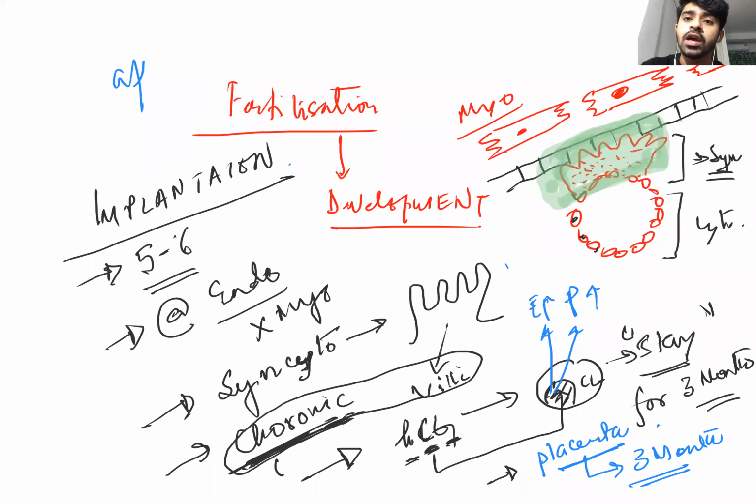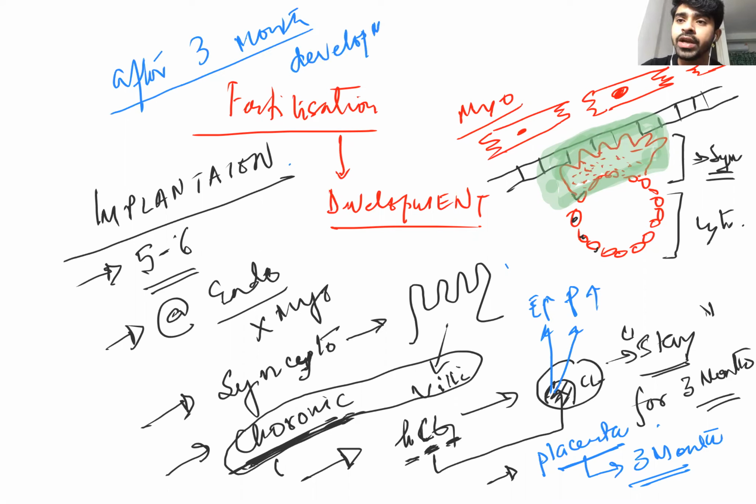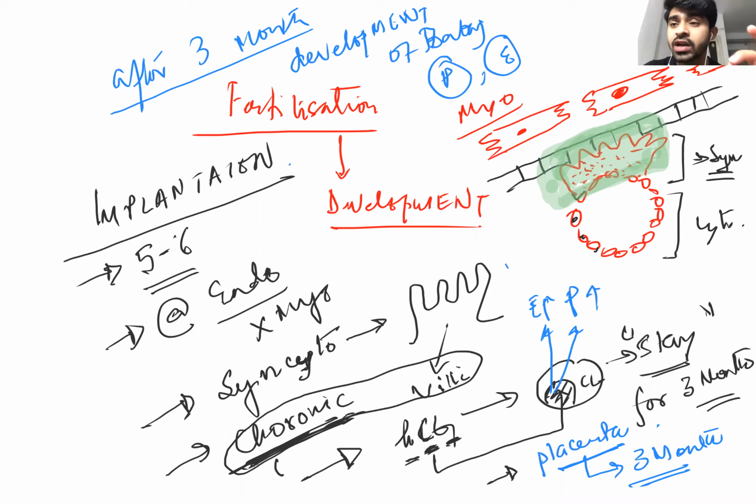After 3 months, for the development of the baby, the progesterone and estrogen which is required will be released by placenta. Yes, absolutely correct answer.